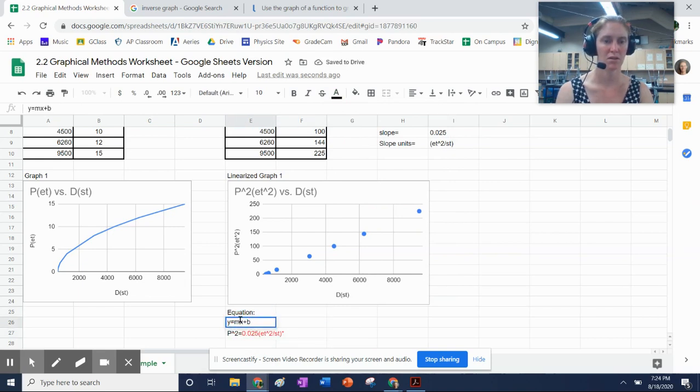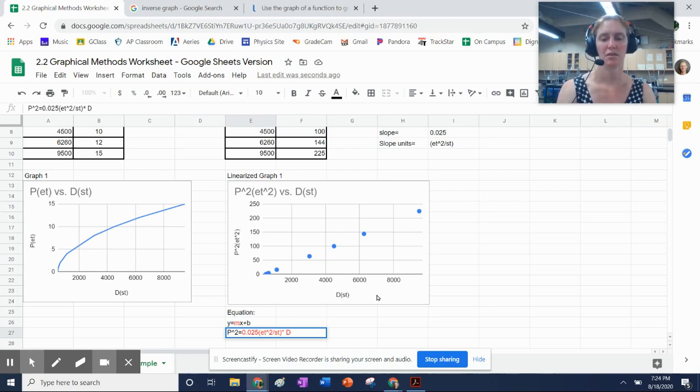In this equation, m is your slope. And then x is going to be what's on your horizontal axis. I'm not going to use the ST, I'm just using the variable. So the variable is this capital D.